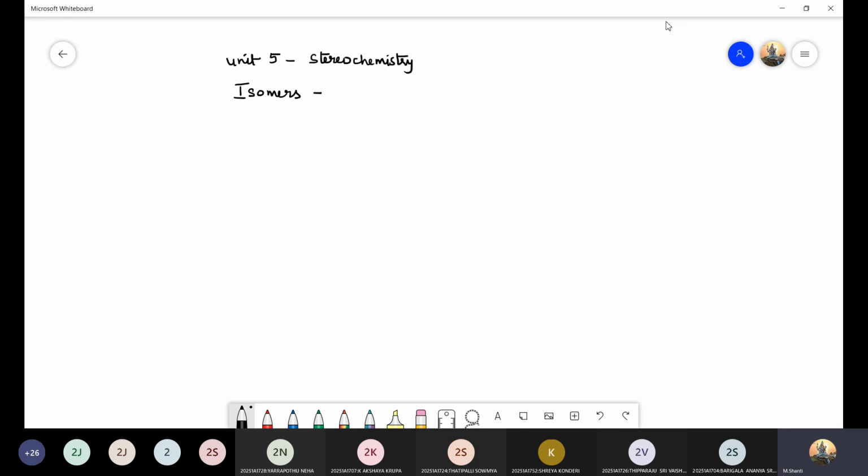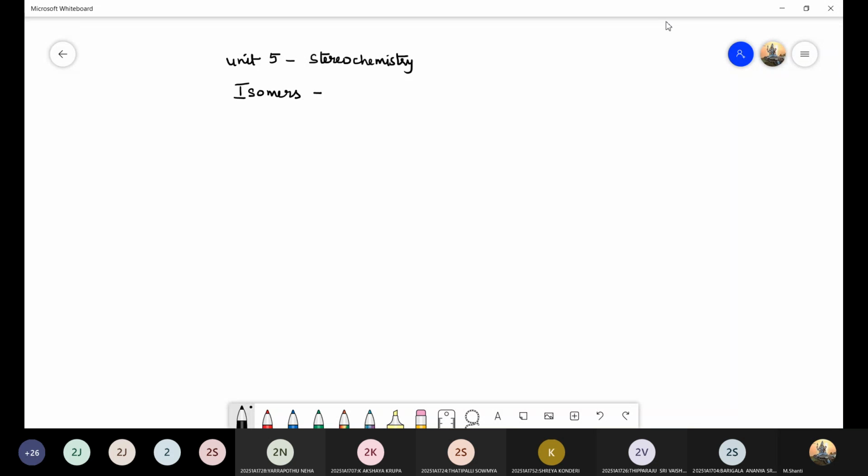Okay, so before actually going to stereochemistry and isomerism, what exactly is stereochemistry? Stereo means what? Stereoisomerism we say. Basically, this branch of chemistry deals with what? Structures. Stereo means what?